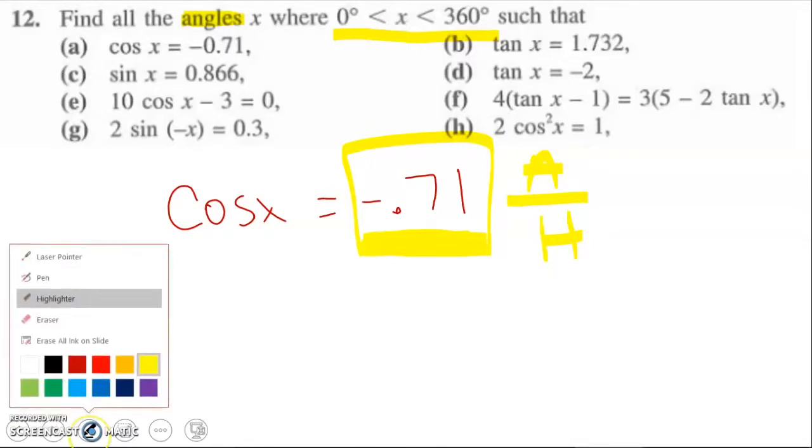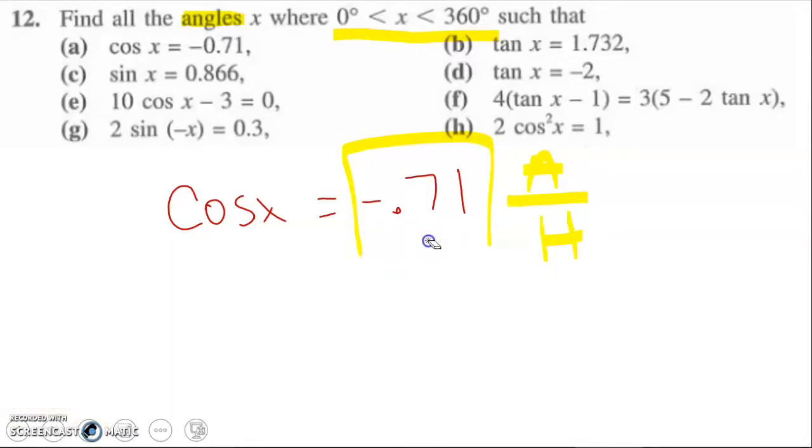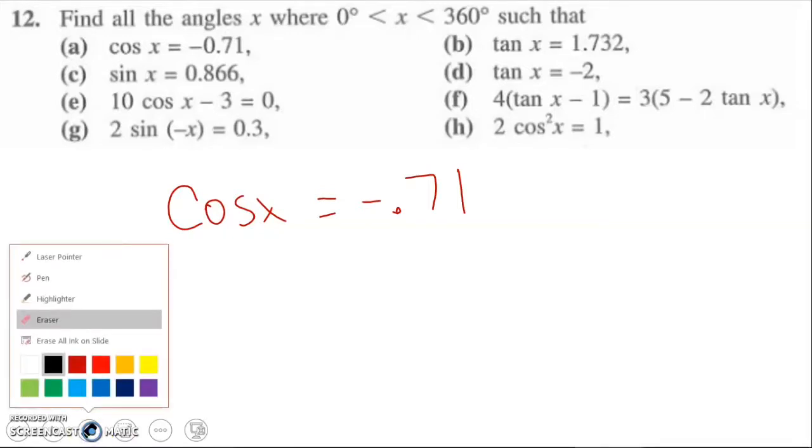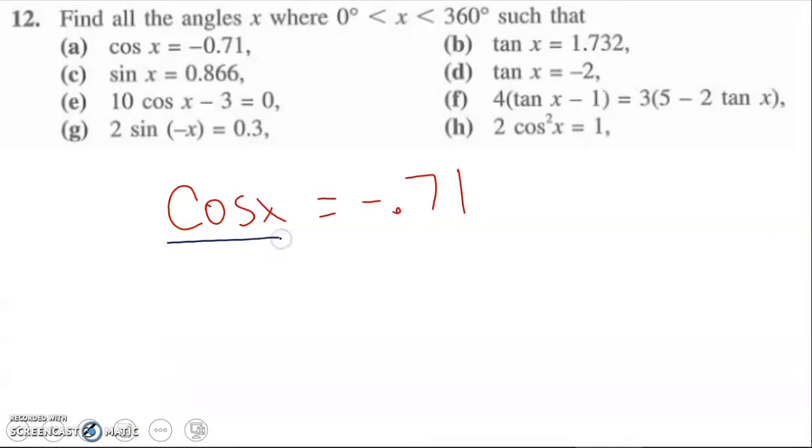So with that being said, you're finding the angle associated with the function, or the ratio. The first thing you have to ask yourself is, is your cosine by itself? If it's not by itself, you need to make sure it's by itself first. In this case, it's by itself. Now, make sure your calculator is in degree mode.